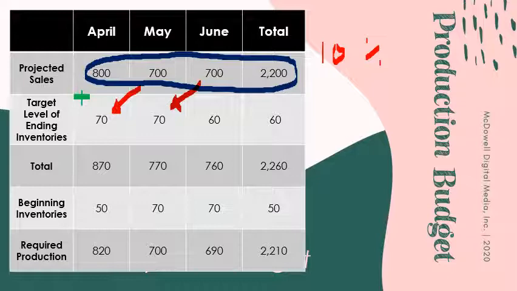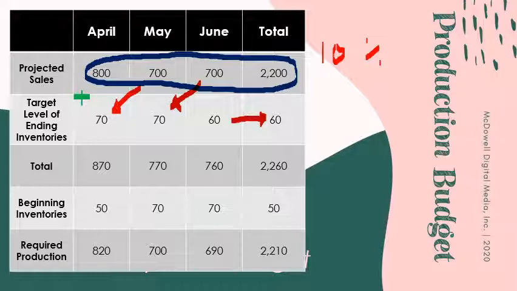And then, pagdating kay June, let's say, this time, you expect na 60 number of unsold goods yung maiiwan. Okay? So, in terms of total, kung ilan yung matitira, yun yung ilalagay mo dito sa total. Hindi ito total talagang as is, yung from April to June. Kung ano yung matitira kay June from your ending inventories, yun yung magiging total mo.